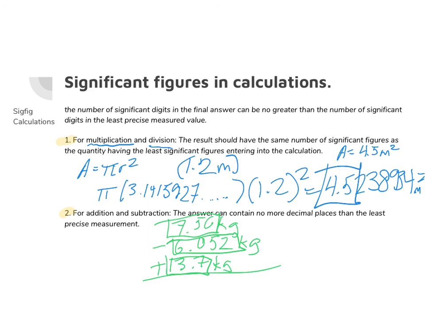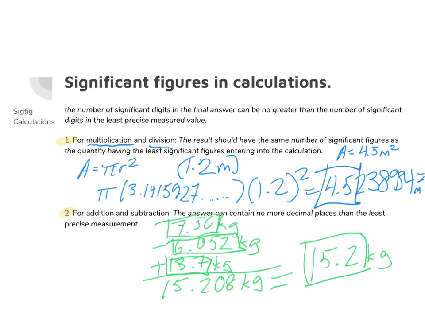So when we go ahead and we subtract 6.052 and then add in 13.7, we should come up with 15.208 kilograms. But we want to express this with the proper amount of significant figures. So we are going to say that we have 15.2 kilograms of potatoes because our least precise measured value had 3 significant figures, so our final calculation will have 3 significant figures.